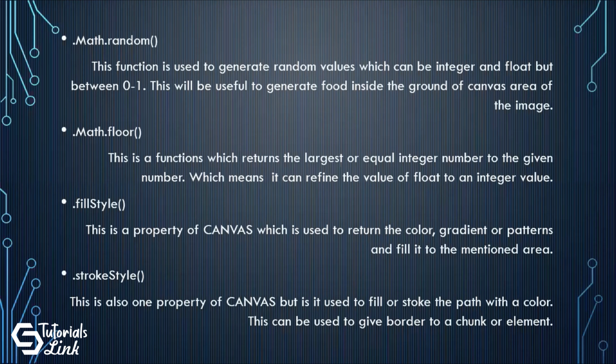The next part is Math.floor. What I told you earlier is that Math.random generates a float value. So we have to get the integer part of this. Math.floor is a function which returns the largest integer less than or equal to the given number, which means it can refine a float value to an integer value.